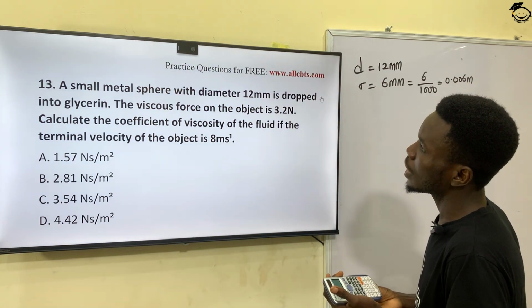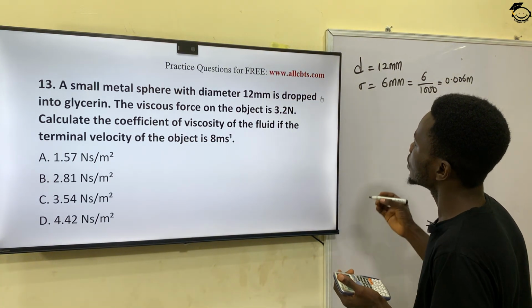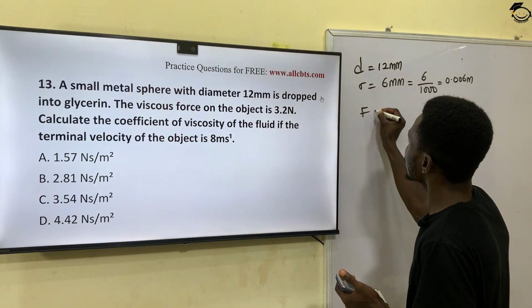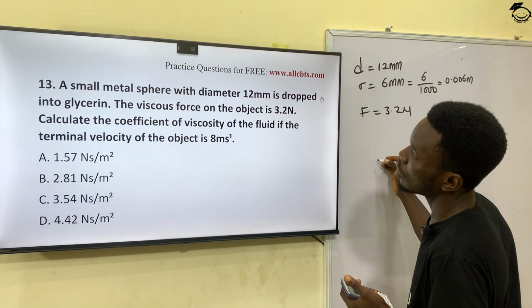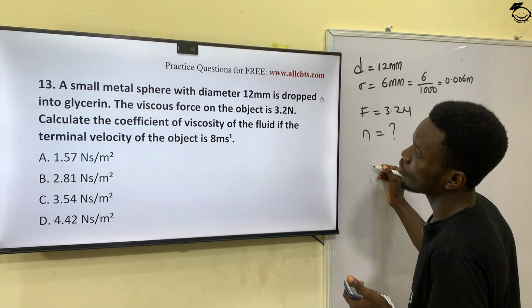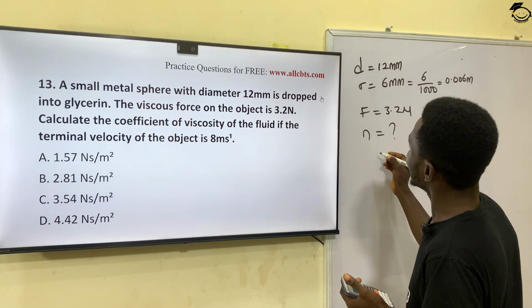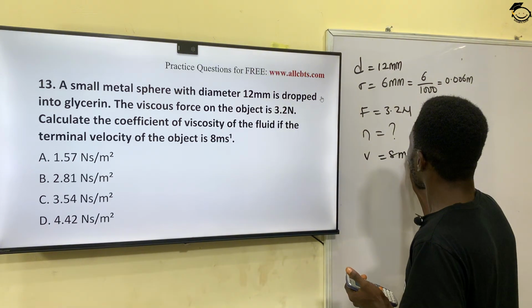It is dropped into glycerin. The viscous force on the object is 3.2 Newton. To calculate the coefficient of viscosity, which is unknown, given that the terminal velocity is 8 meters per second.